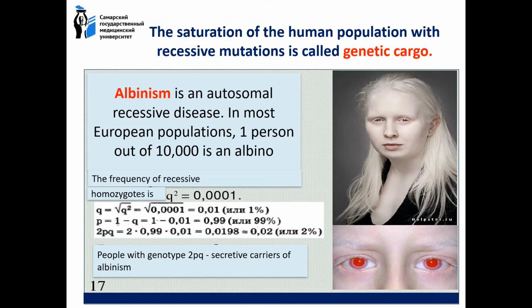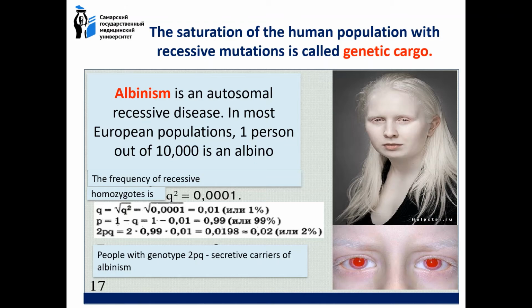0.0001, so q equals 0.01 or 1%. p equals 1 minus q, or 1 minus 0.01 equals 0.99 or 99%. But we know there is 2pq.